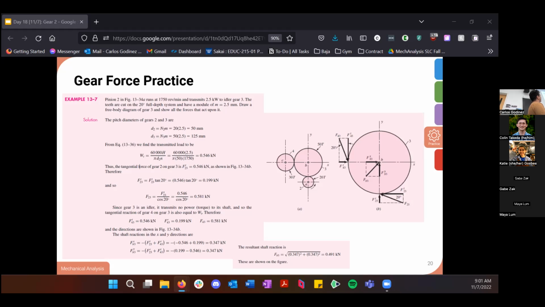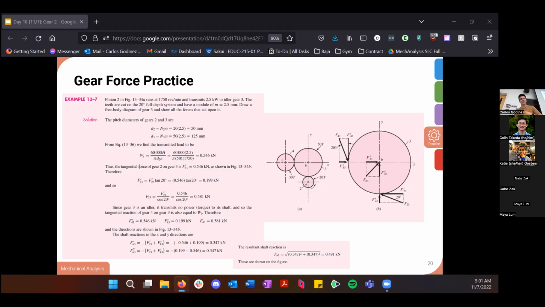Then we take the radial and tangential components and add them together by Pythagorean theorem, and we get the shaft forces. You can go through these slides and double check. Is there anything that didn't make sense or is confusing, like why the idler works that way?